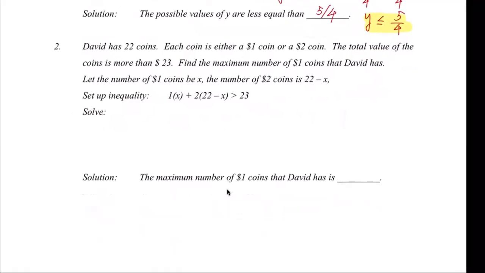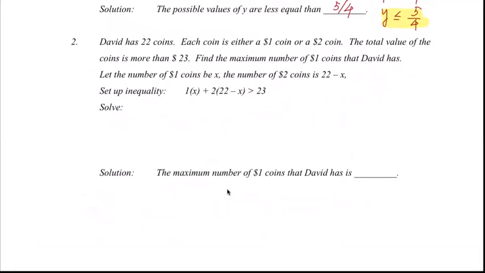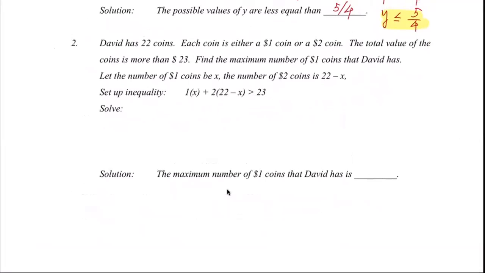So here, let's define the number of $1 coins to be X. So let's assume that David has X $1 coins.